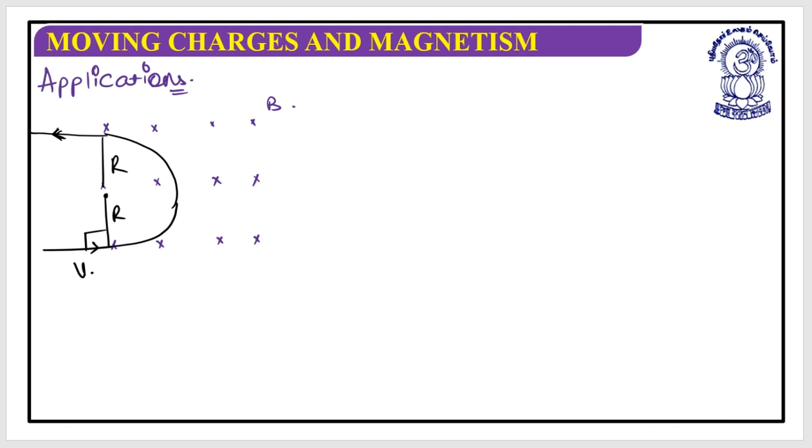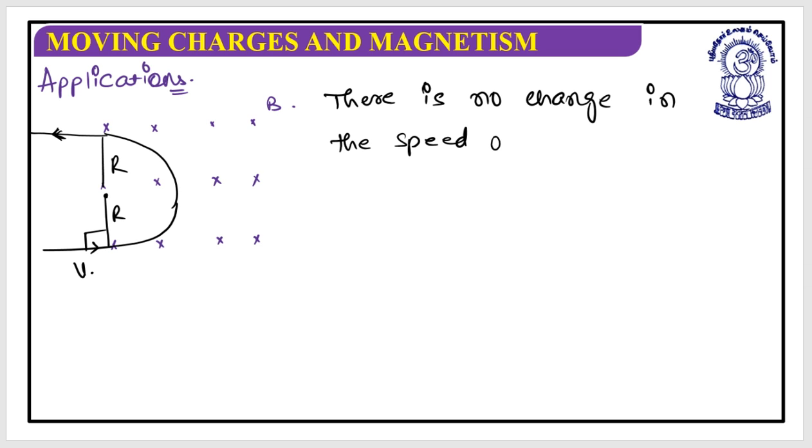There is no change in the speed of the particle. Why? Because magnetic force cannot change the speed of a particle. There is no change in the radius as well.